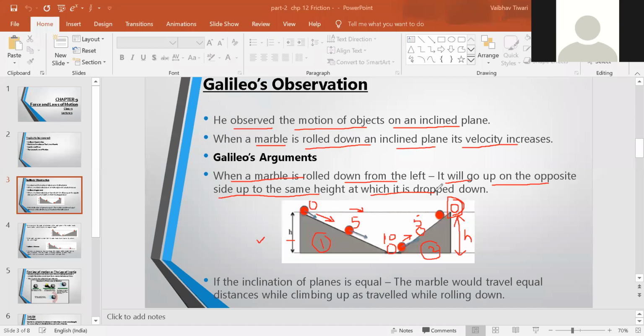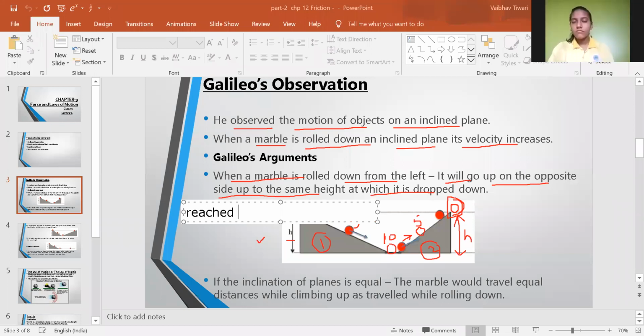Okay, so two things we have to note over here. On the second plane, the ball reached the same height. Right? This is the first point that we can note from this experiment.